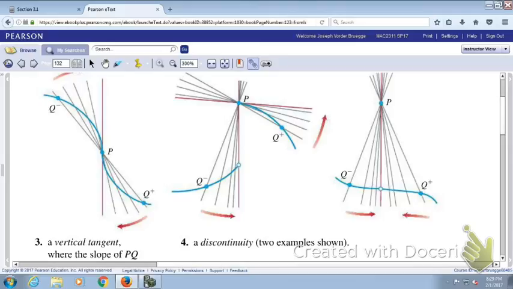And if your original function has any discontinuity, jump, asymptote, or even a single point missing, the derivative will not exist at that point. Is that okay? So I expect you to be able to identify those four things on a graph. Cusps, corners, vertical tangents, and discontinuity are all problems for the derivative.